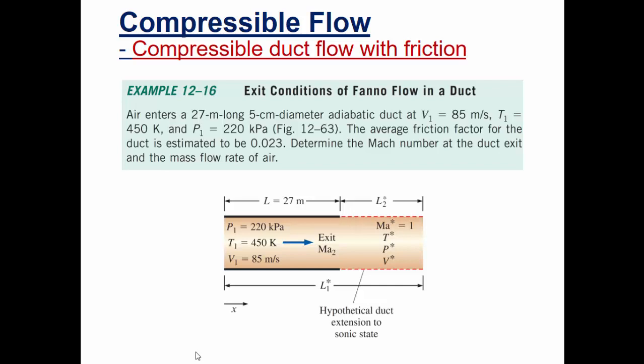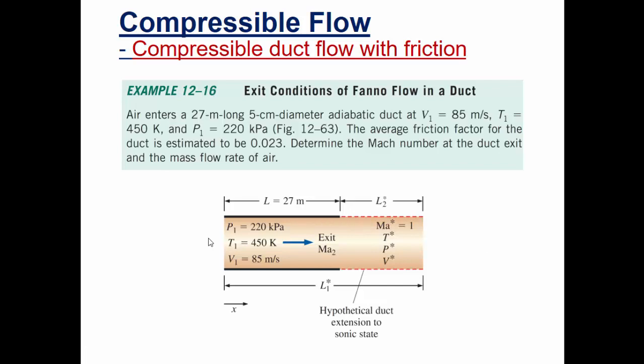Okay, let us look into one example. We have a compressible flow flowing through a duct, where the length of the duct is 27 meters, and the cross sectional diameter of the duct is 5 centimeters, and it is an adiabatic flow, where there's no heat transfer in and out, and the velocity at the entrance is equal to 85 meters per second.